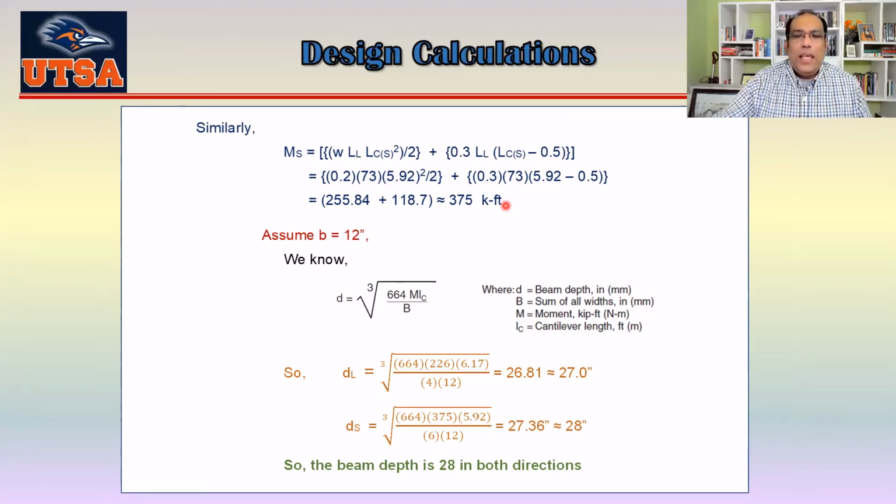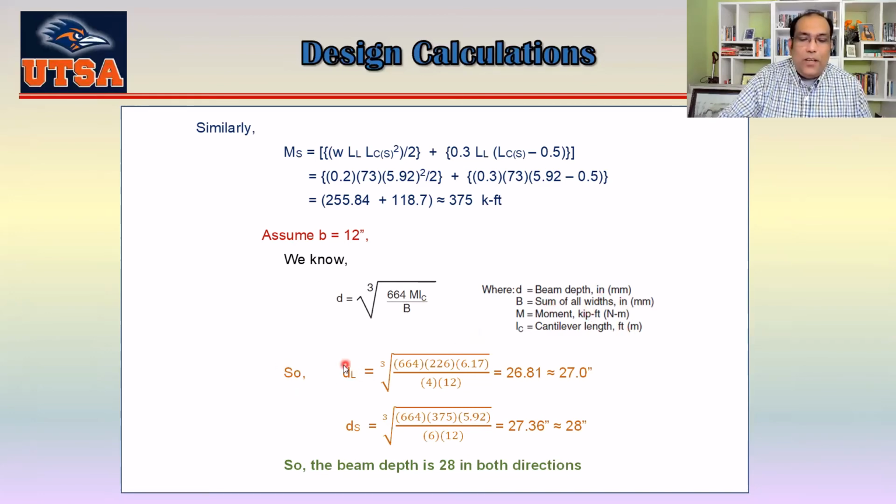Okay, so that's why they propose this relationship to find out your D, which is the cubic root of 664 M LC divided by B. You can see M is the moment, LC is the cantilever length, and B is the sum of all widths in inch. Okay, this is kip-feet, this is feet, this is inch.